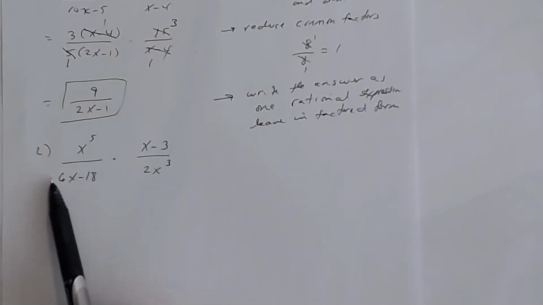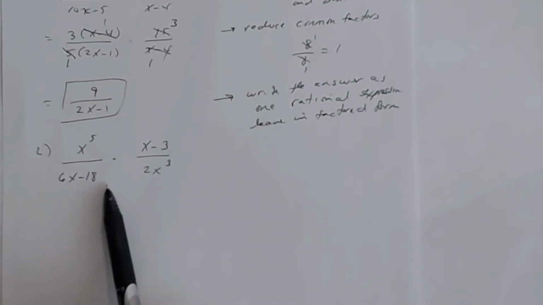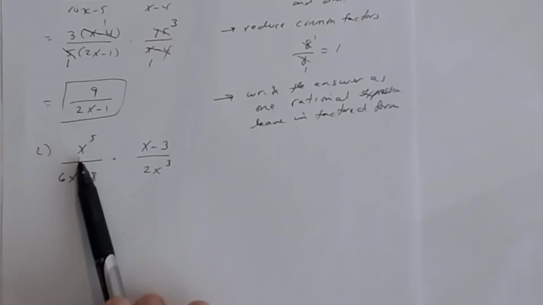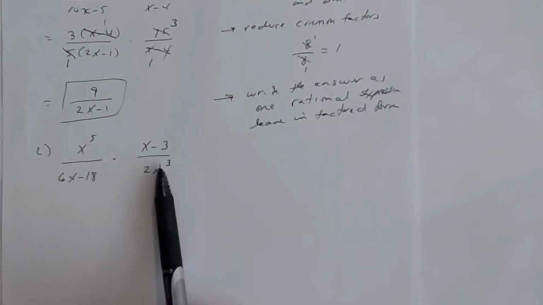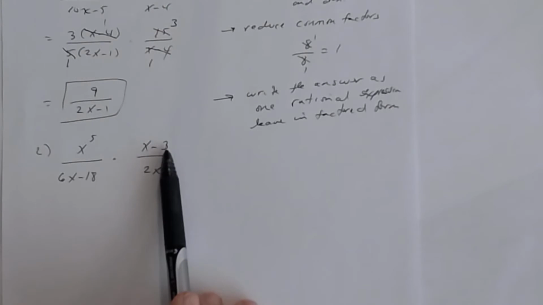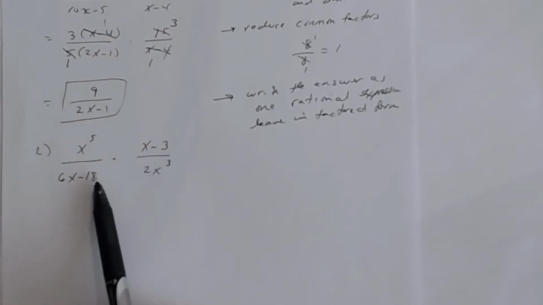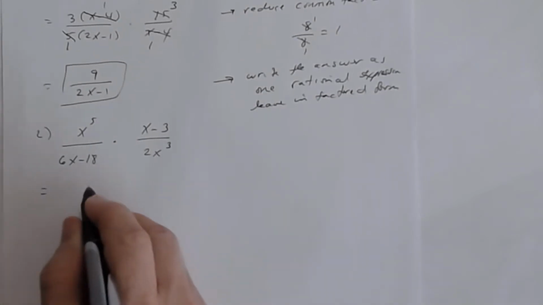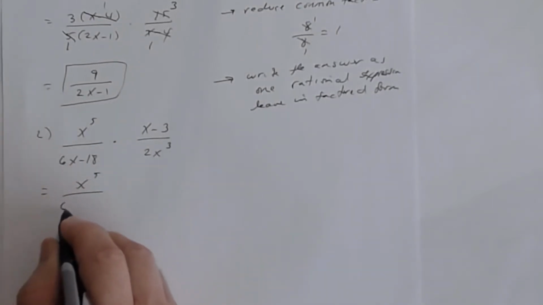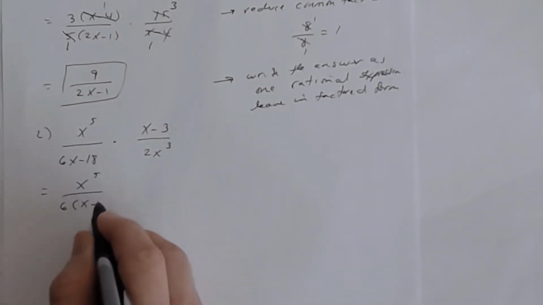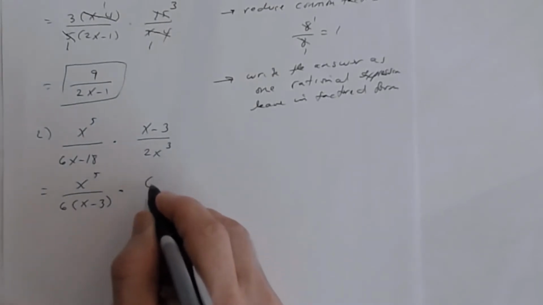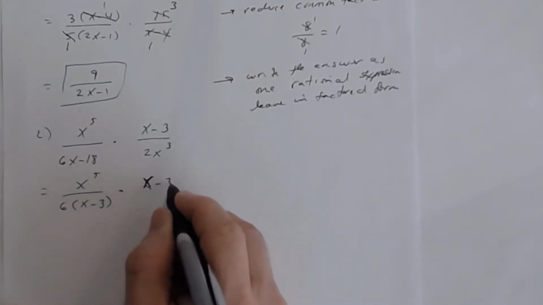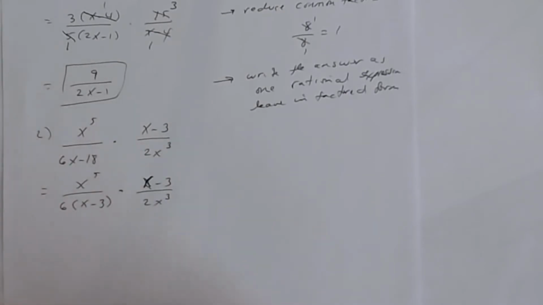The only thing you can factor is this denominator right here. These are monomial factors. This is a binomial, but the GCF is 1. Here, you can factor because the GCF is 6. So I'm going to rewrite this as x to the 5th divided by 6 times x minus 3, times x minus 3 divided by 2x cubed.